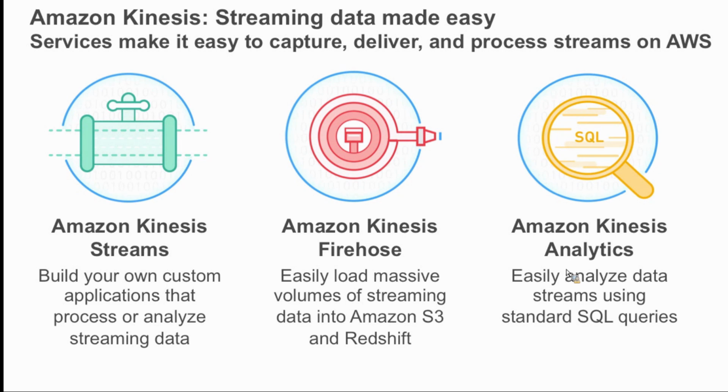But it makes it very easy to deliver large amounts of data in real time to S3. And Kinesis Analytics is pretty new. It's designed to allow you to apply SQL queries to a live stream on data that's flowing through that stream.